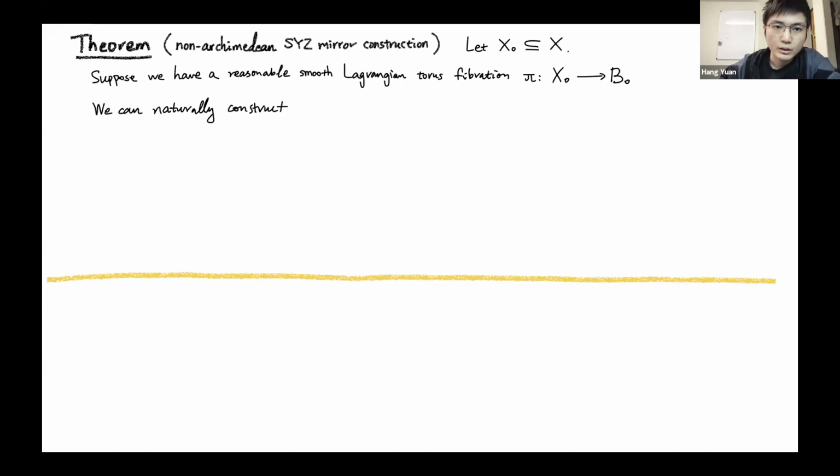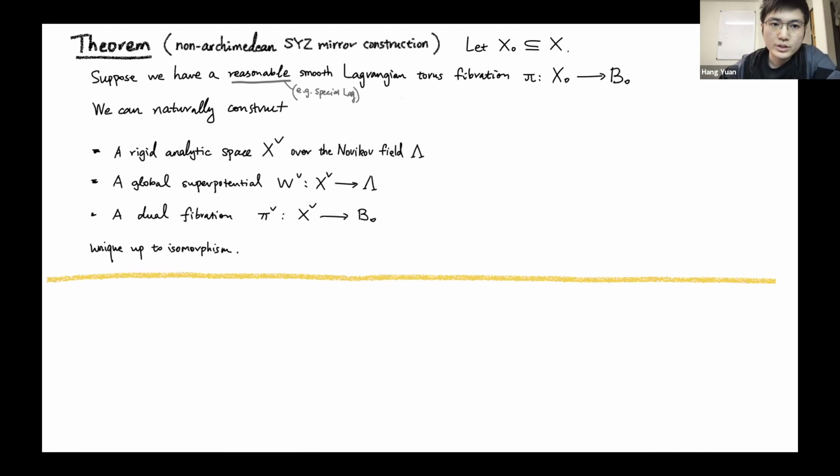I don't want to say too much about the condition on the Lagrangian fibration, but keep in mind that this class of Lagrangian fibrations includes special Lagrangian fibrations. Then under this condition, we can naturally construct a rigid analytic space over the Novikov field, a global superpotential, and a dual fibration, unique up to isomorphism.